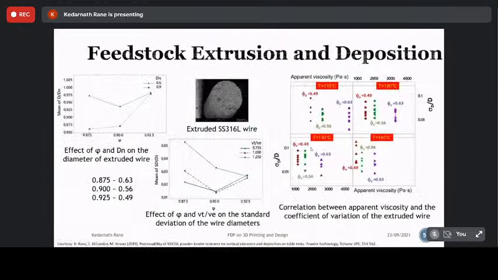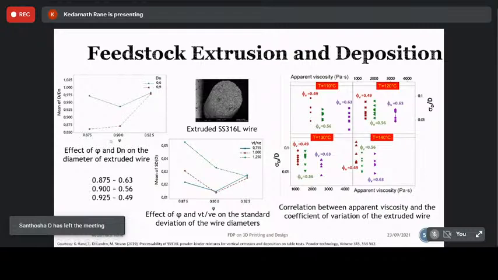Then we considered some process characteristics for understanding the deposition behavior. We considered single strand deposition before jumping to 3D printing. You can see here the extruded 3D wire of stainless steel. We considered it as a benchmarking geometry.